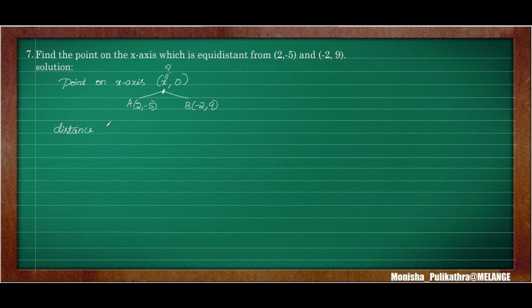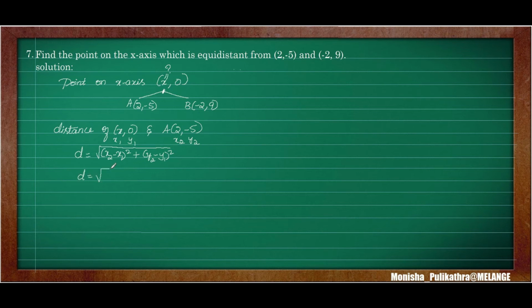the distance of x, 0 and A, 2, minus 5. Now this will be x1, y1 and this will be x2, y2. So by applying distance formula, x2 minus x1 whole square plus y2 minus y1 whole square.